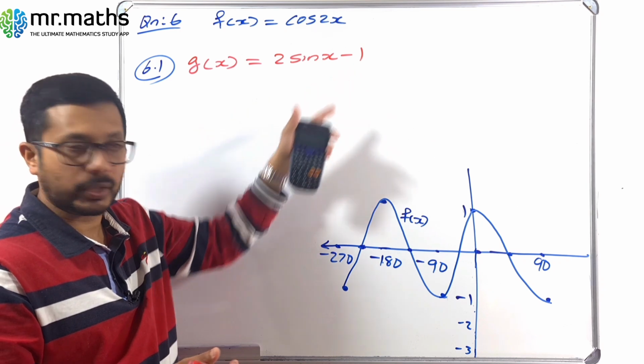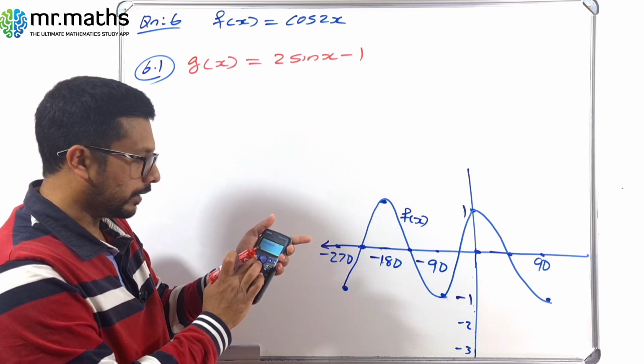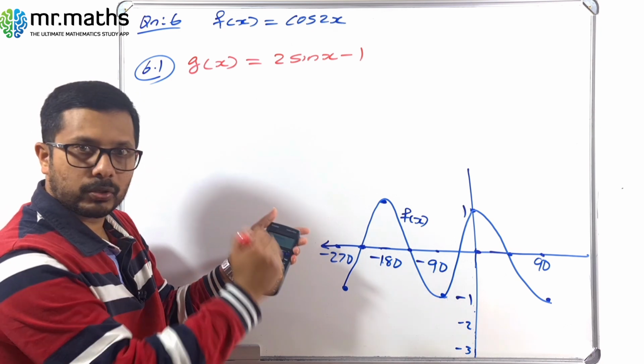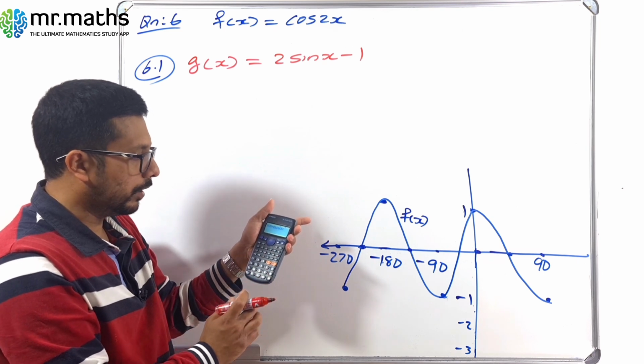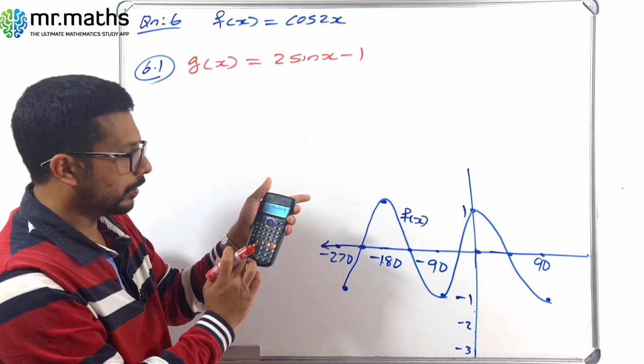To type 2 sin x, for x you press Alpha and the close bracket key, then close the bracket. So I typed 2 sin x then minus 1.